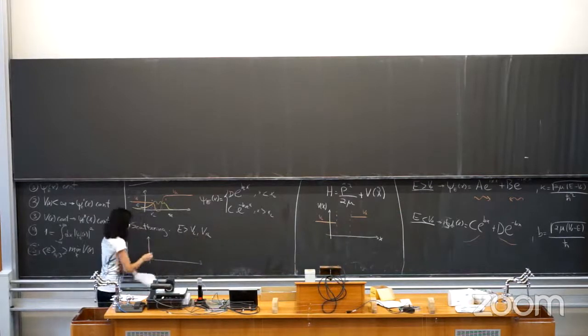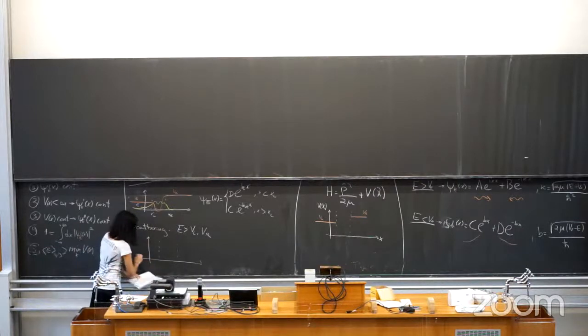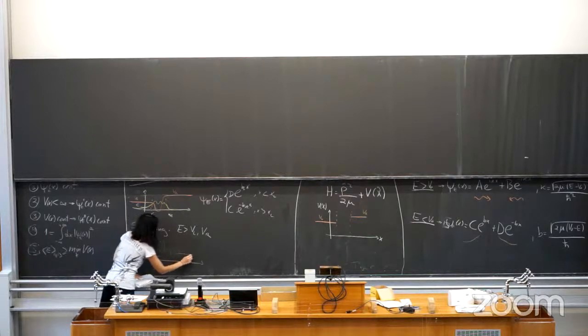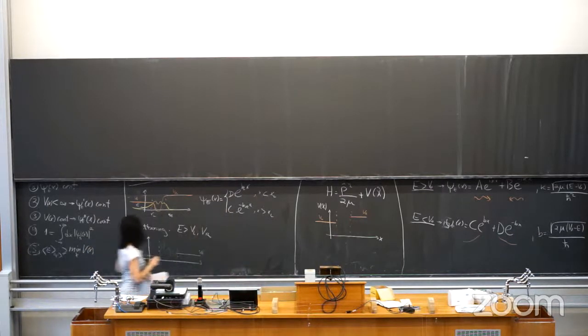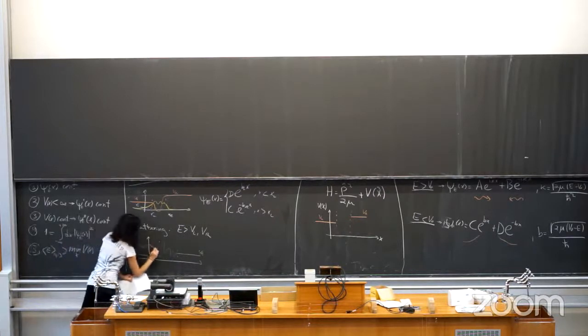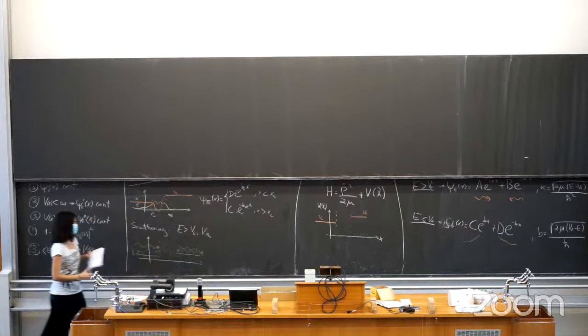So again, I'll draw the potential in green. We have something flat here, then maybe something happens, we don't know, and then it can be something else. So now we know that on both sides, we can have a wave function coming in, a wave function reflected, a wave function coming in, and a wave function reflected. But the momentum k depends on the potential, so this is a bit different.